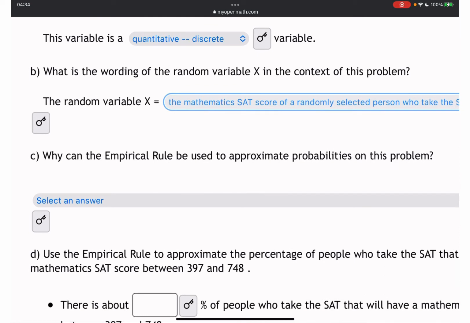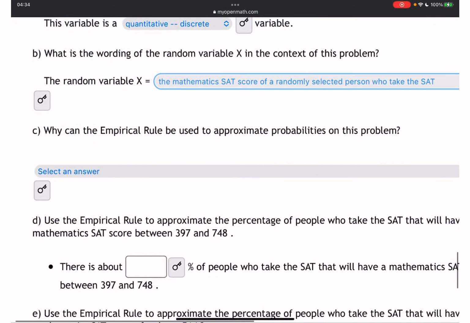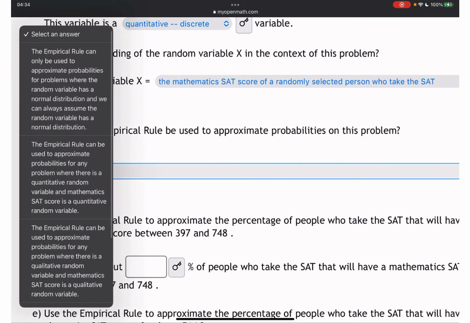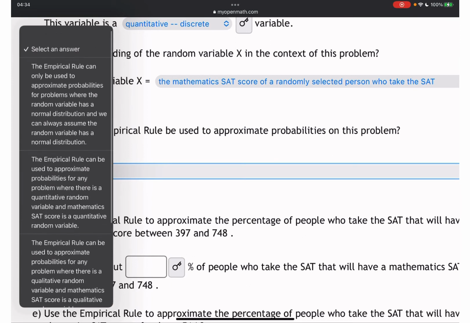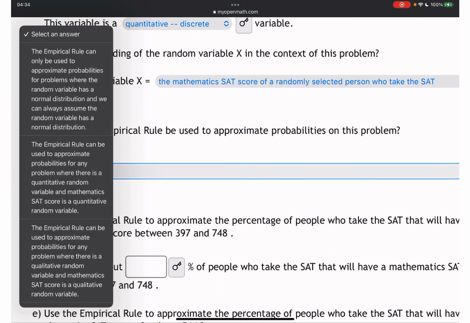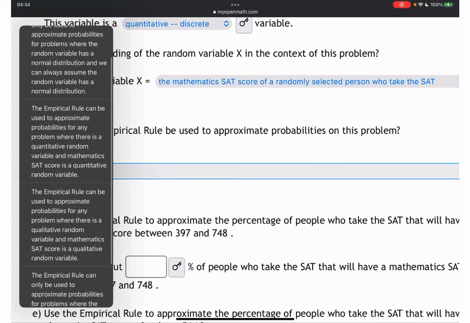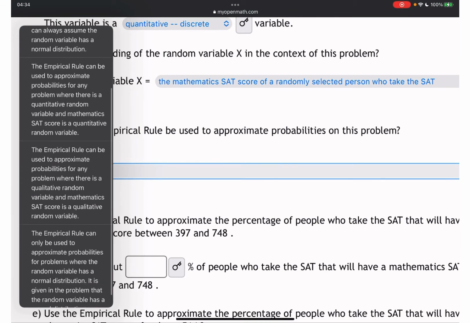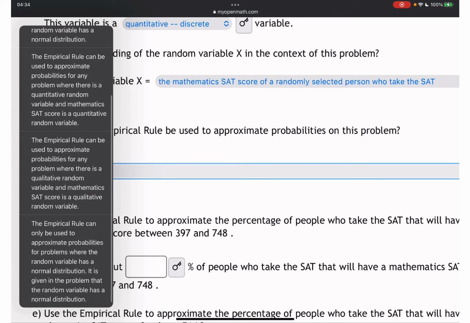Next one: why can the empirical rule be used to approximate probability in this problem? The empirical rule can be used where the random variable has a normal distribution. It is given that the random variable has a normal distribution.